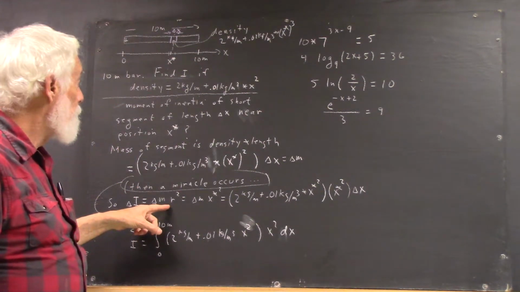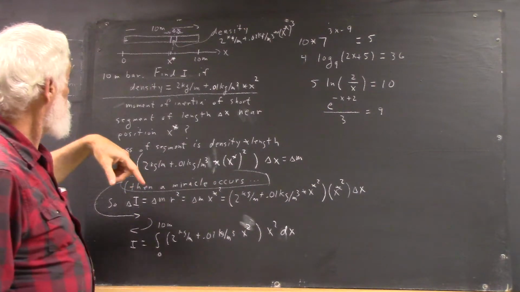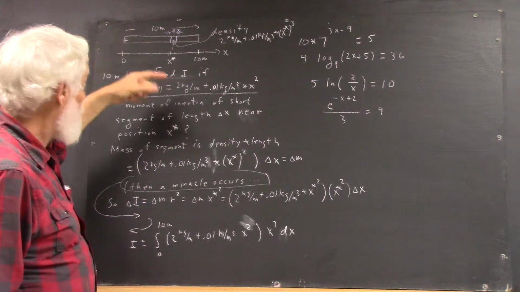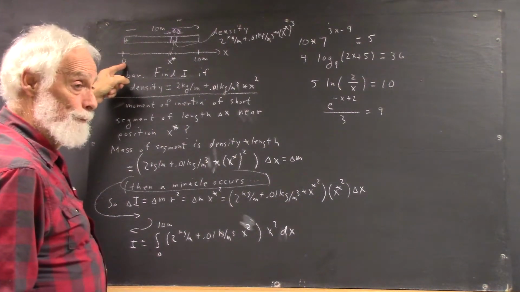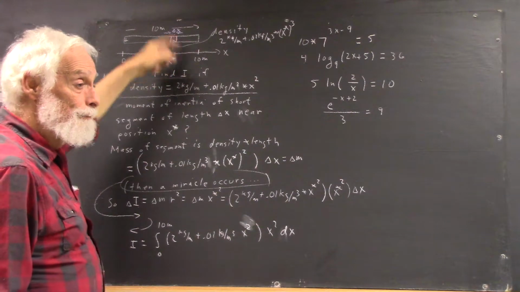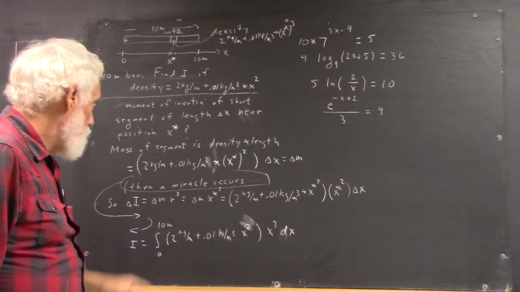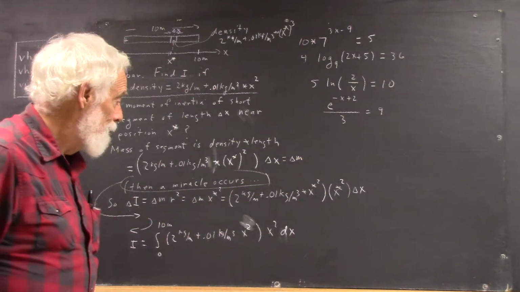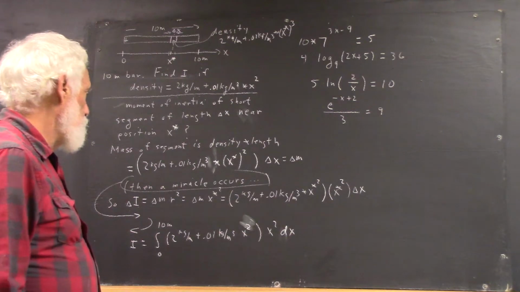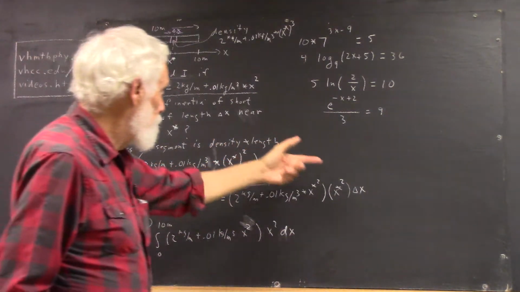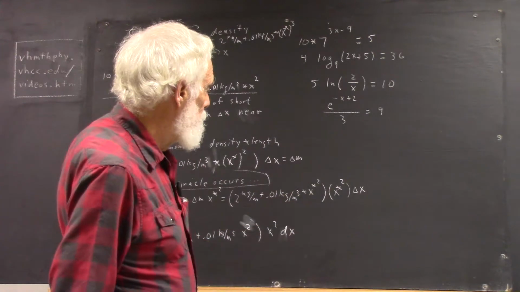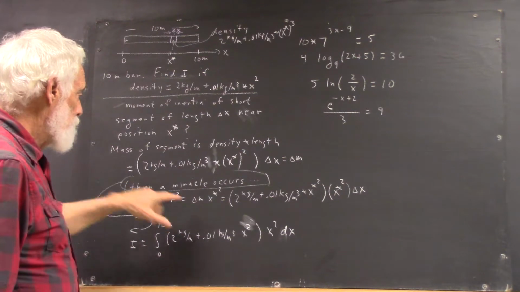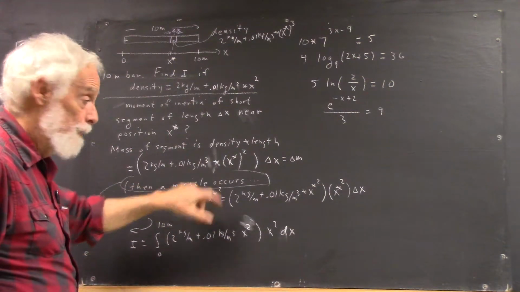Well, what's the distance from the axis at this point? Isn't it just x star? The axis is at 0, and this is at x star, so the distance is x star. So it's delta m times x star squared. The expression is identical to the delta m expression, except for the insertion of the extra term, x star squared.